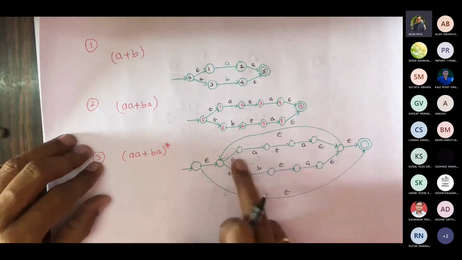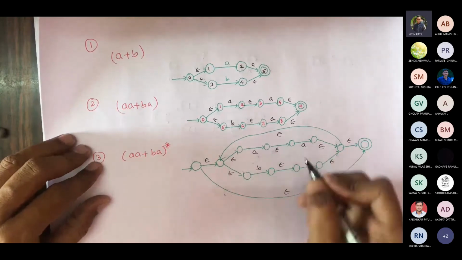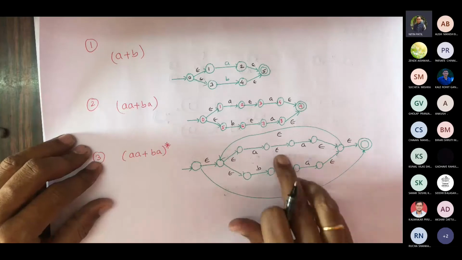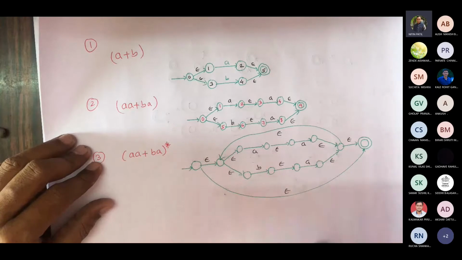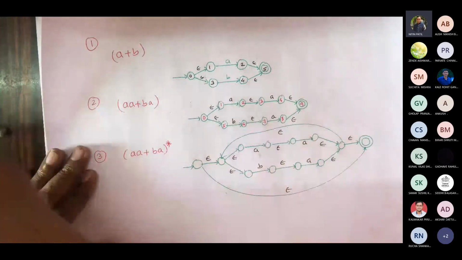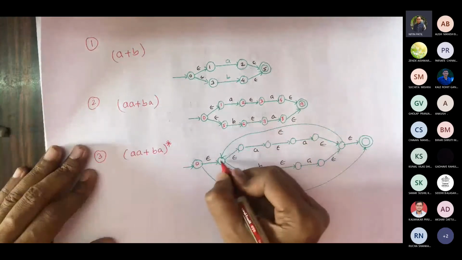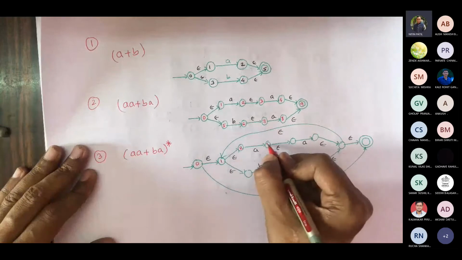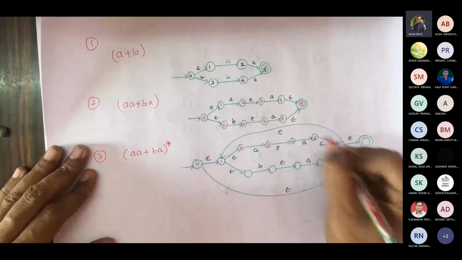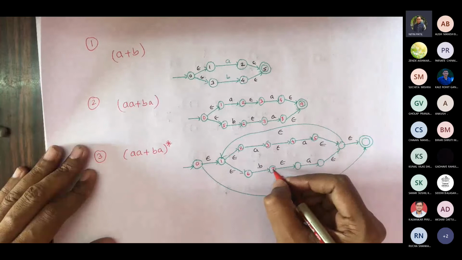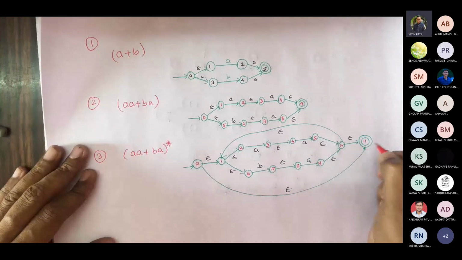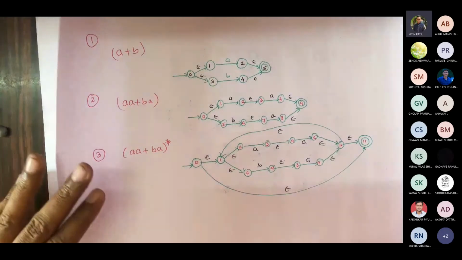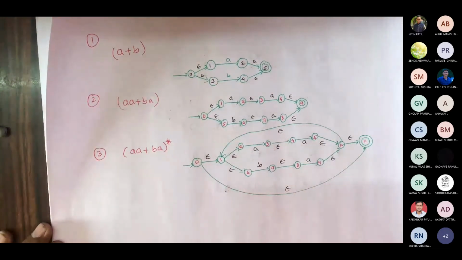Don't forget to write this input; suppose you don't write this epsilon and I write B there, then the representation changes. Now we have to number: 0, 1, 2, 3, 4, 5, 6, 7, 8, 9, 10, 11. Is that fine?